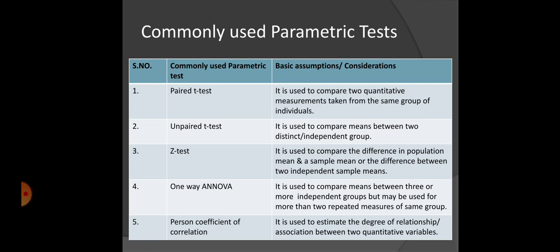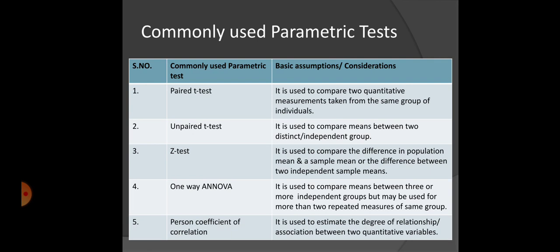One-way ANOVA is used to compare means between three or more independent groups, but may be used for more than two repeated measures of the same group. Pearson coefficient of correlation is used to estimate the degree of relationship or association between two quantitative variables.